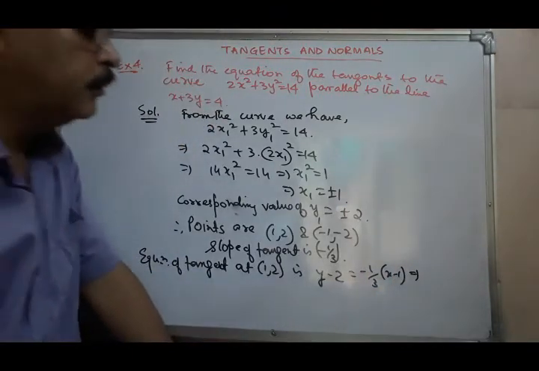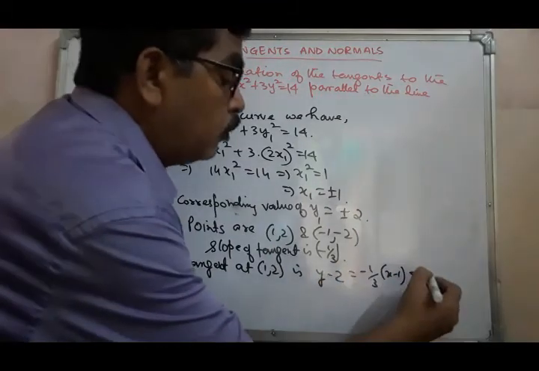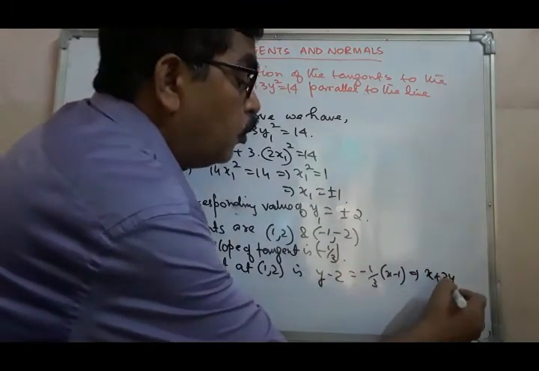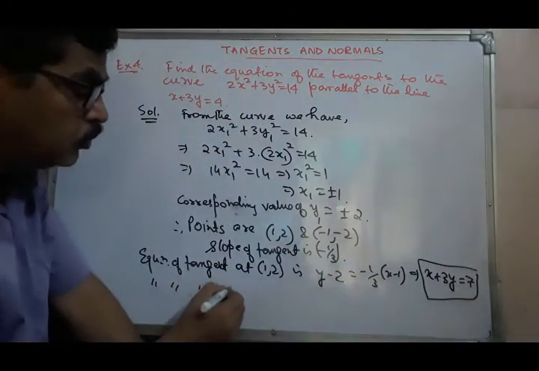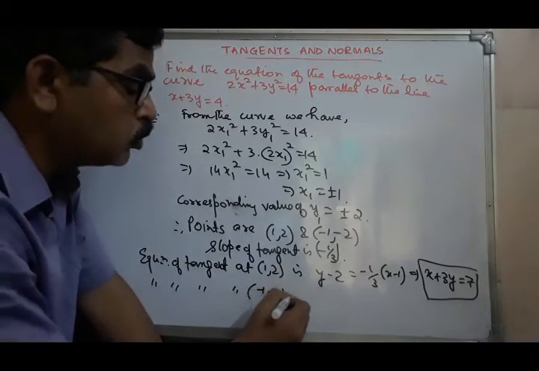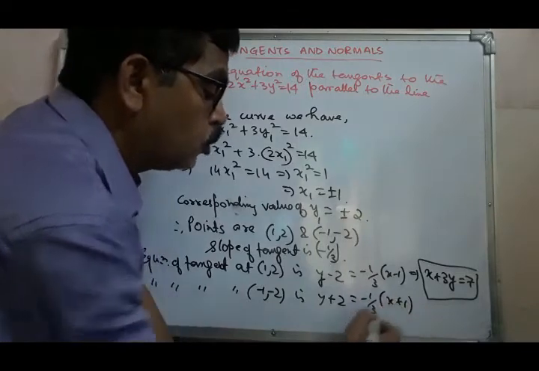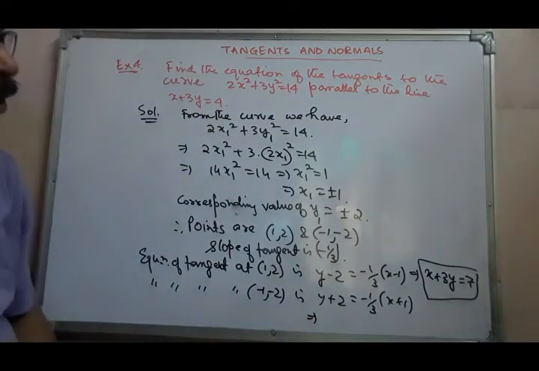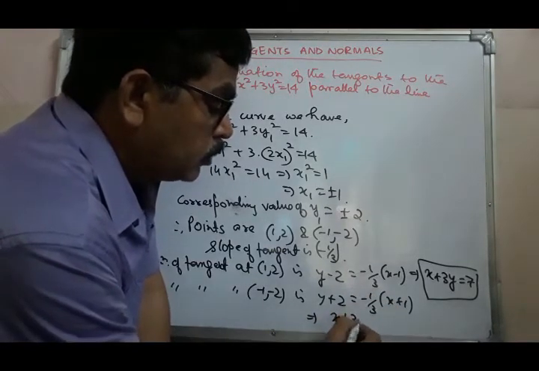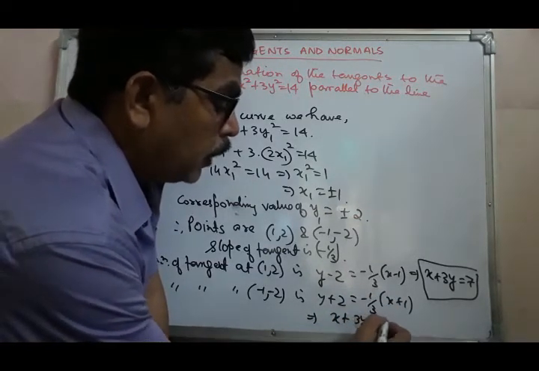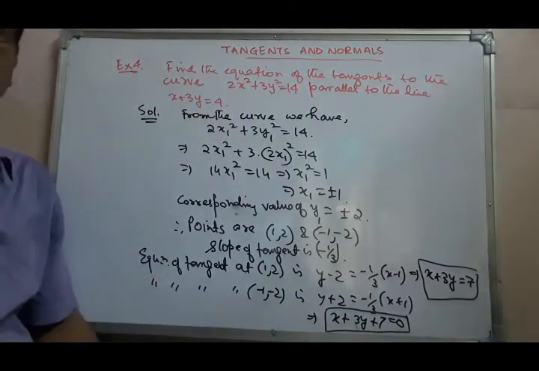This implies, so what we get, x plus 3y equal to 7. And equation of tangent at (minus 1, minus 2) is y plus 2 equal to minus 1/3 into x plus 1. So from here what we get, x plus 3y plus 7 equal to 0. So this is the answer.